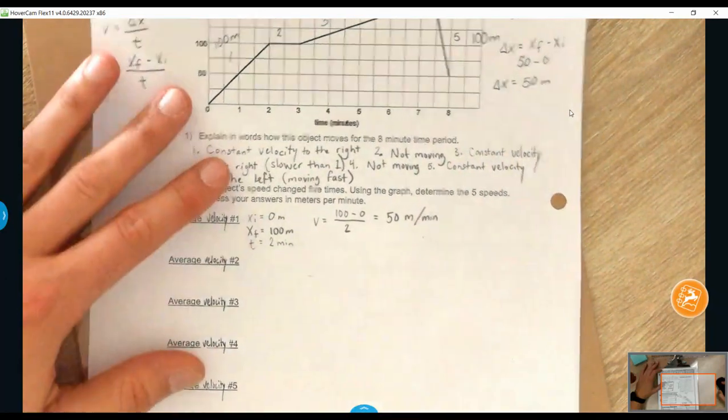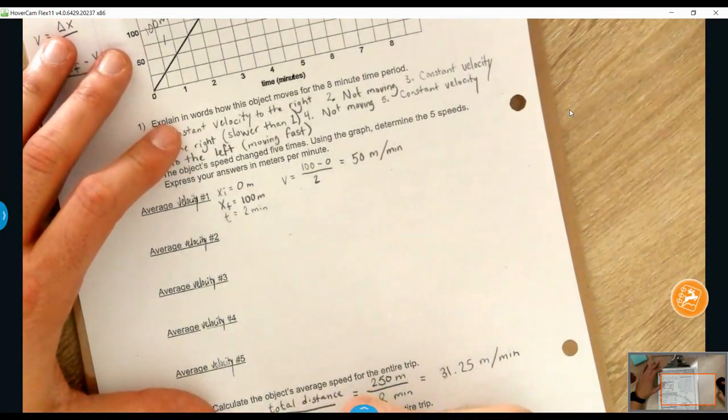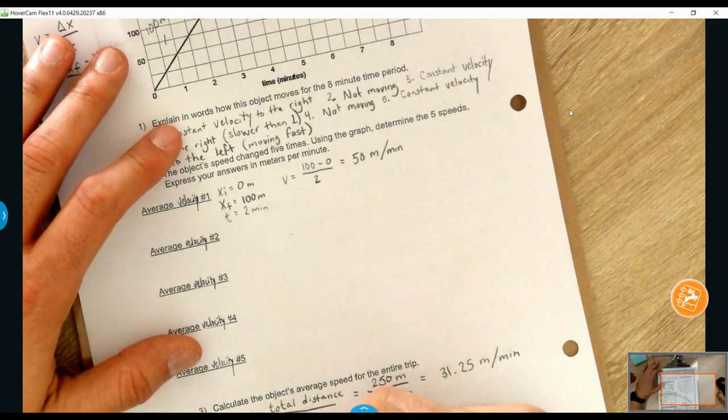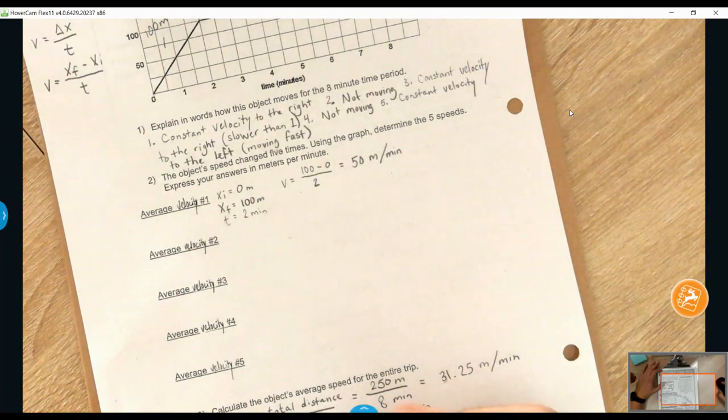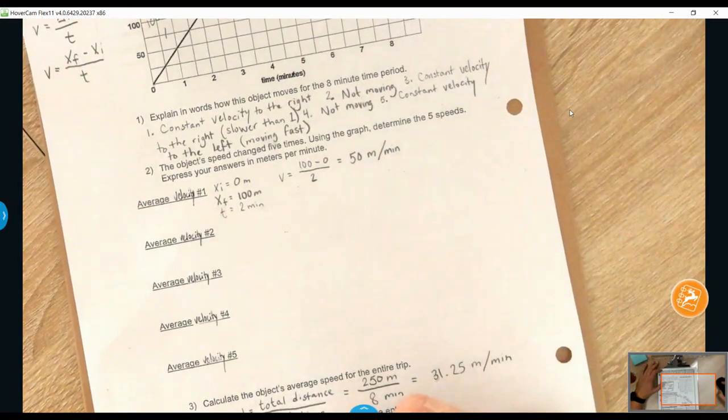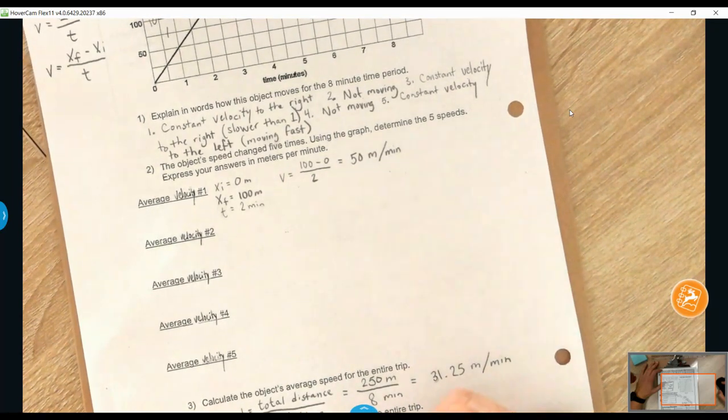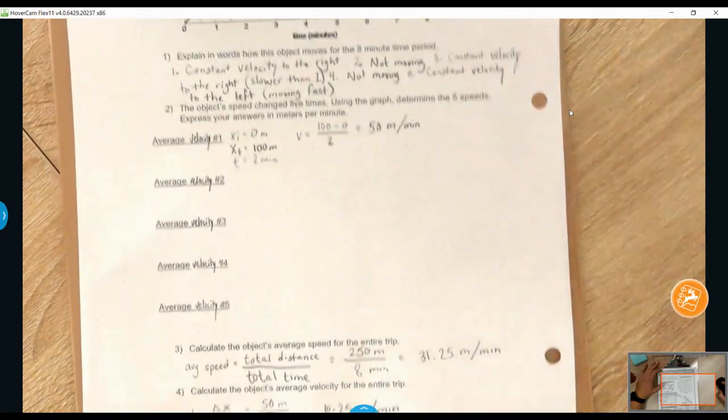So when we subtract them, we get 50. So our displacement is 50 meters. Total time, 8 minutes. All right, and then you do 50 divided by 8. Good. 6.25 meters per minute.